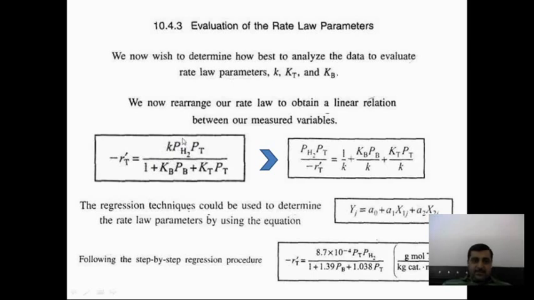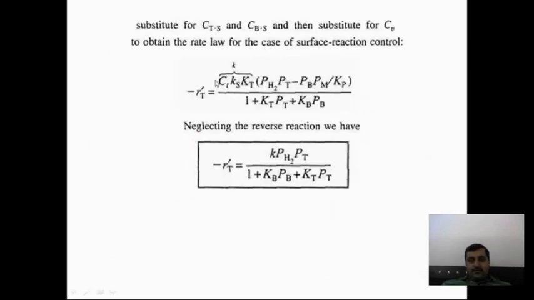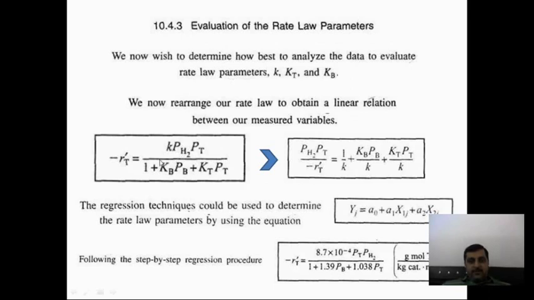It is the rate constant, which we said is a combination of a lumped parameter of multiple rate constants and equilibrium constants, and then we have the equilibrium constants of benzene and toluene. We need to rearrange the rate law in such a way that we obtain a linear relationship between the variables.